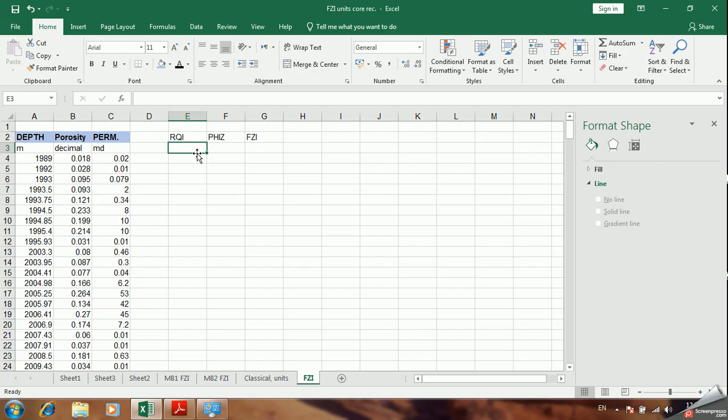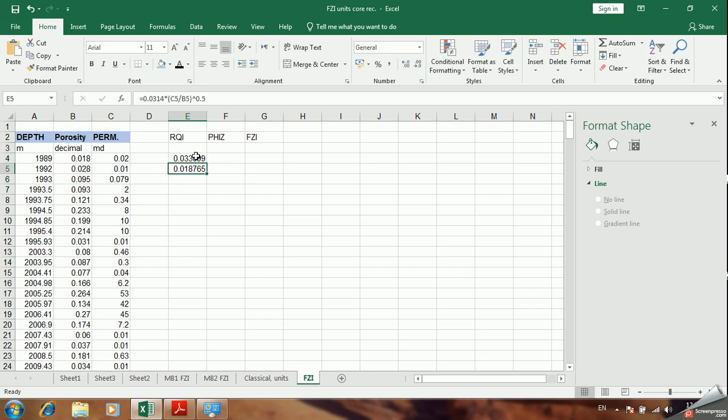The reservoir quality index equals 0.0314 times, let's begin from the cell, the square root of the permeability over the porosity, the permeability over the porosity to the power 0.5. Again for the other cell, we have the permeability over the porosity to the power 0.5.